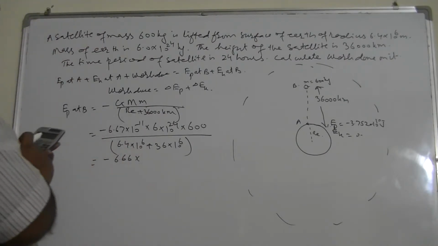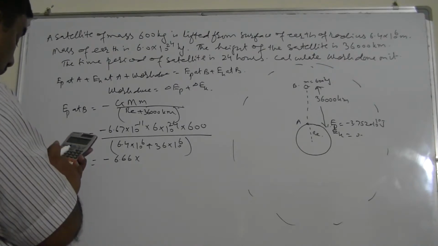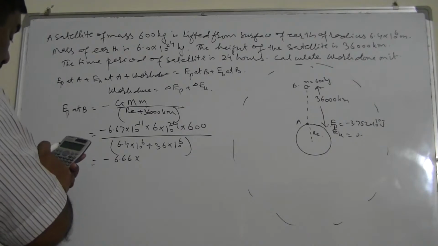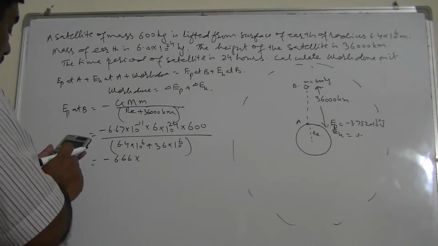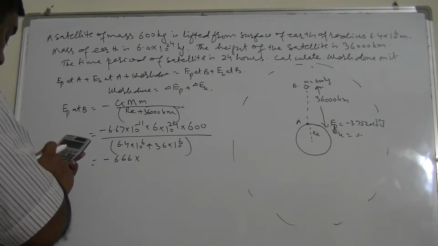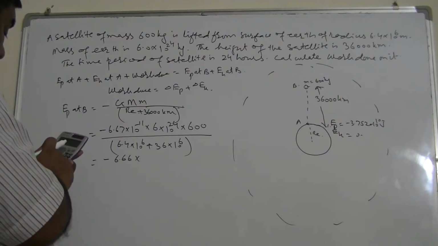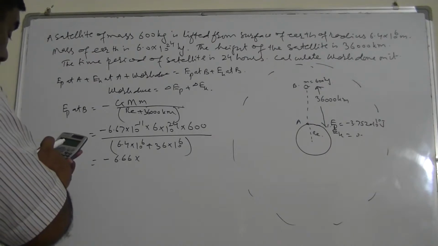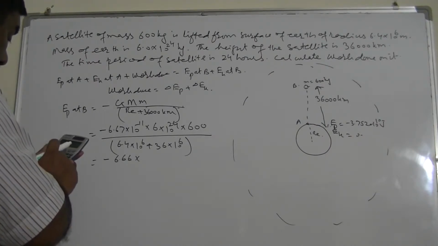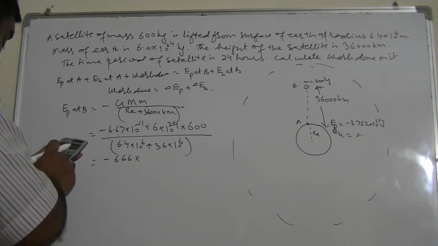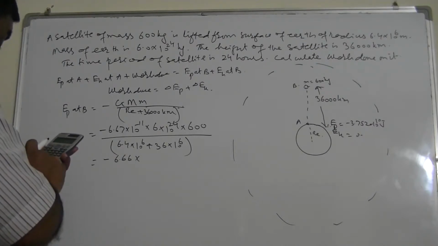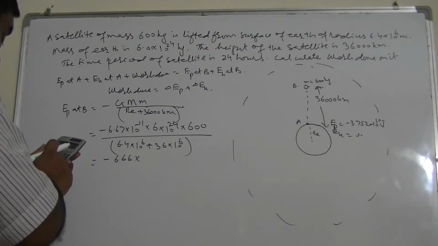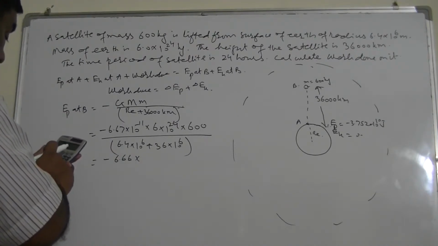Okay, I will be calculating 6.67 exponential minus 11 into 6 exponential 24 into 600 divided by, in bracket, 6.4 exponential 6 plus 36 exponential 6.